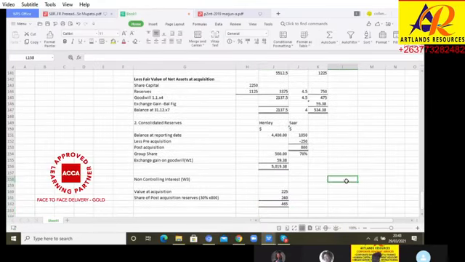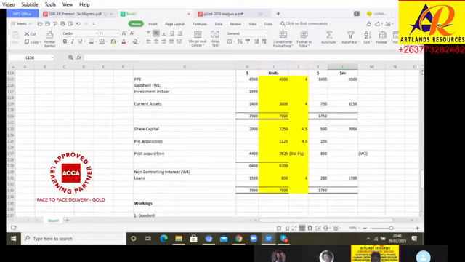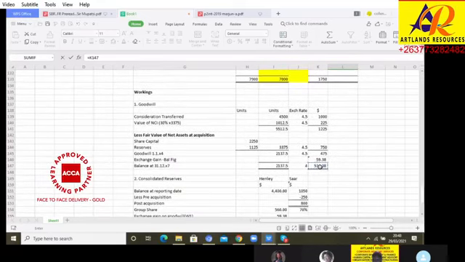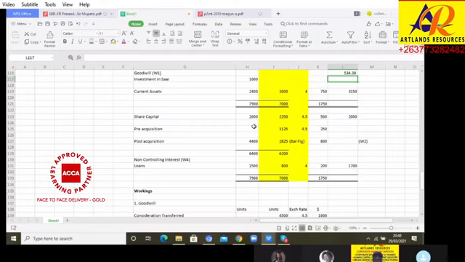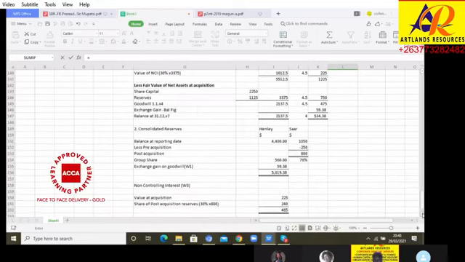Now with these 3 workings, you can complete your consolidated statement of financial position. It's a matter of saying Goodwill. You take your Goodwill figure here, the closing balance in dollars. Reserves, you come to post-acquisition, which is your working 2. So you then say it's 5109.